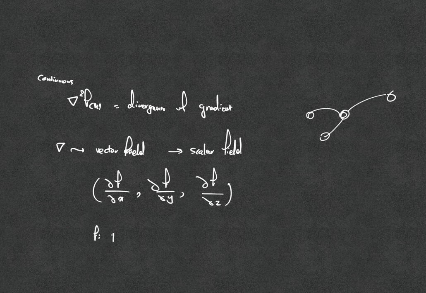In this case, f is a continuous function going from R3 to R. When you apply divergence to this, you're going to have this. In order to understand how things work, divergence has to do with the outflux of this vector field, and the gradient has to do with these partial derivatives here.